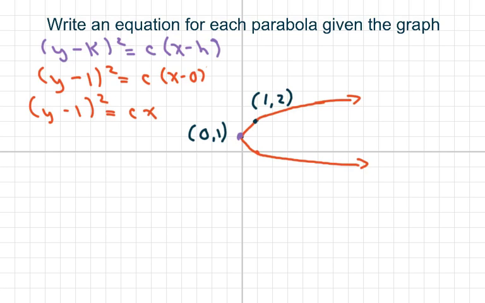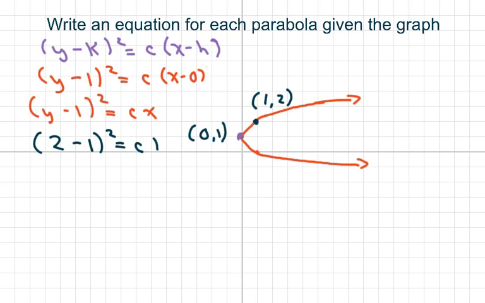Now I'm going to plug in an x, this x here, 1, for my x, and my y to find my c. So my y is 2, because they're giving you this point here. So plug in 2, so we have 2 minus 1 squared equals c times 1.